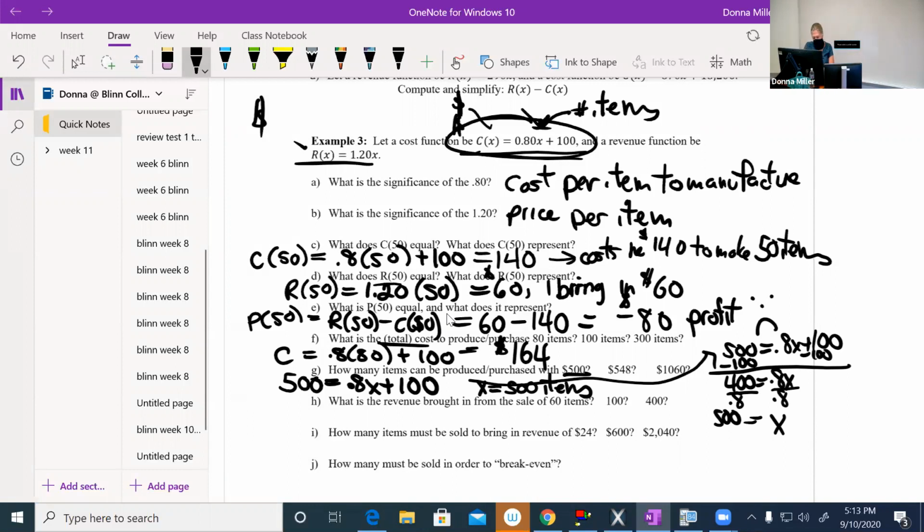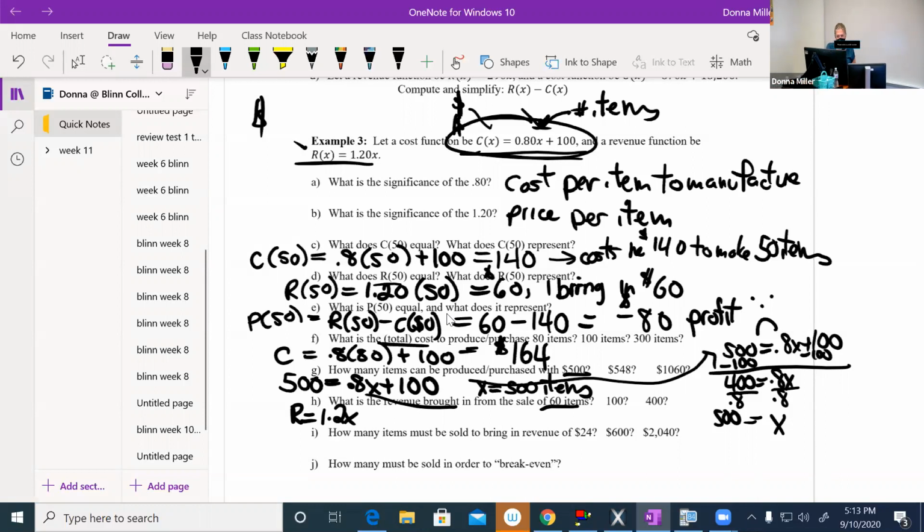All right, let's look at this. What's the revenue? Revenue from the sale is 60 items. So revenue is R, right? So R equals 1.2x. Where do I put the 60, for R or X? Is it revenue or the items? That's what you're asking yourself.